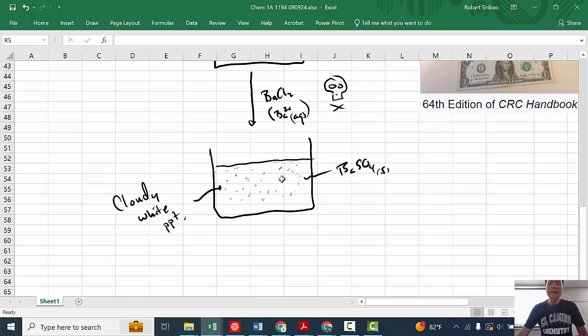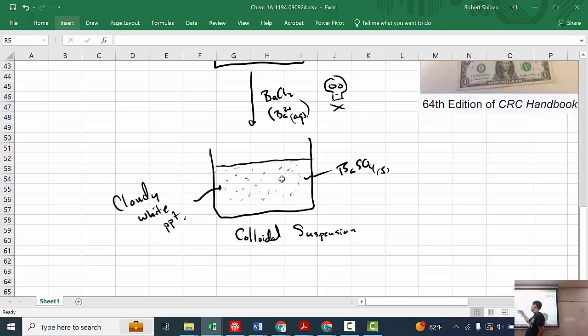These crystals are tiny, and what we end up with is a colloidal suspension. Colloidal suspensions have particles that are so tiny they stay permanently suspended.